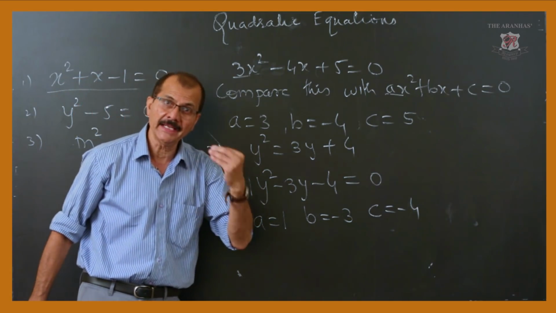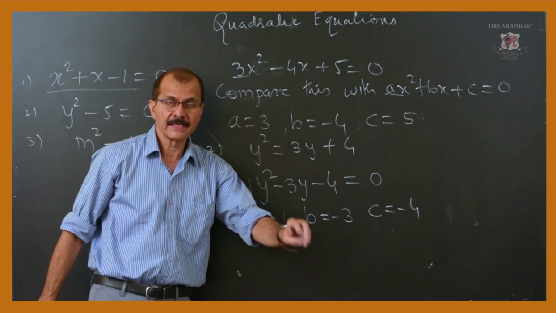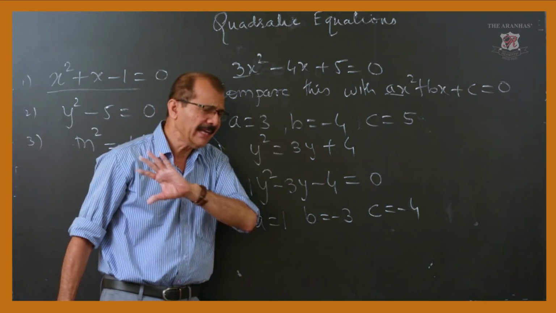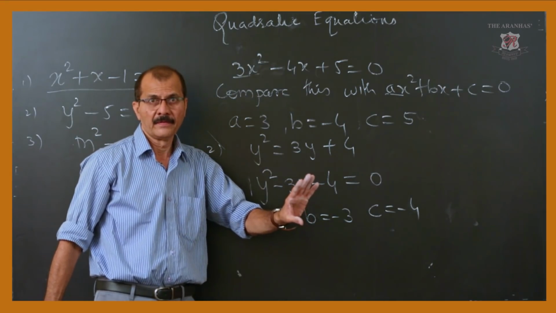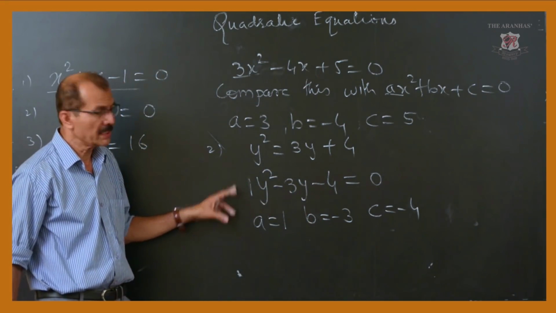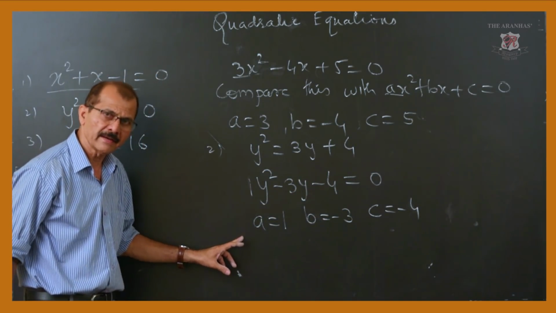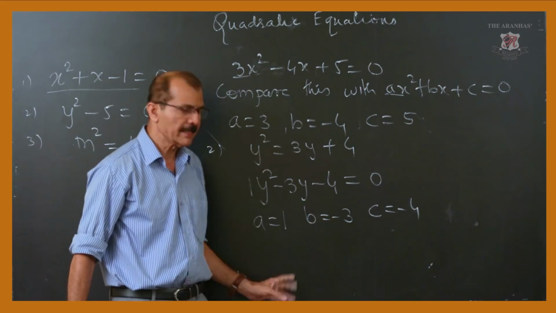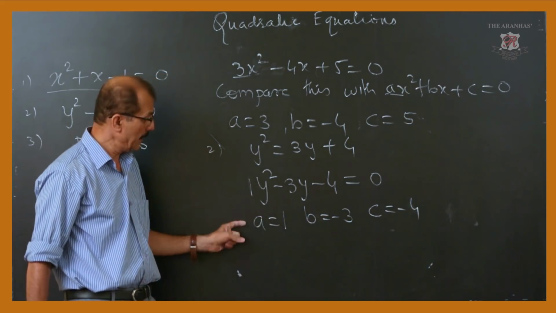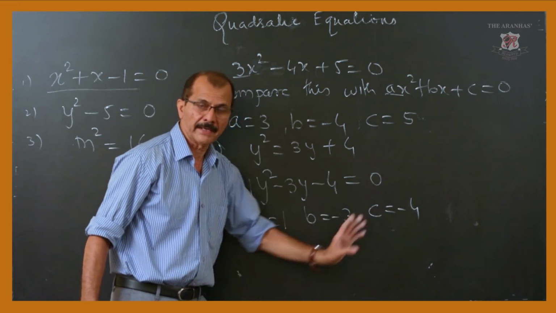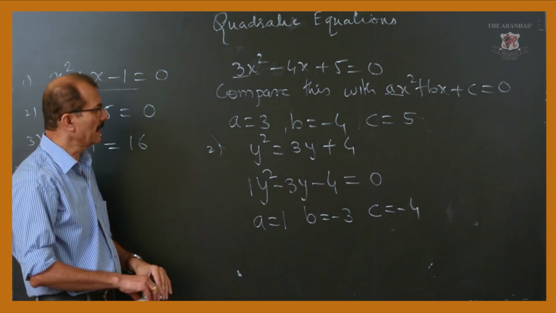Variables can be anything, x, y, r, s, m and any variable. So, if you get an equation in any variable, the coefficients you can write as a, b and c. Here a is equals to 1, b is equals to minus 3, c is equals to minus 4. Take one more example.